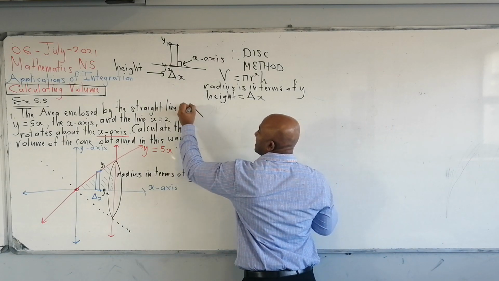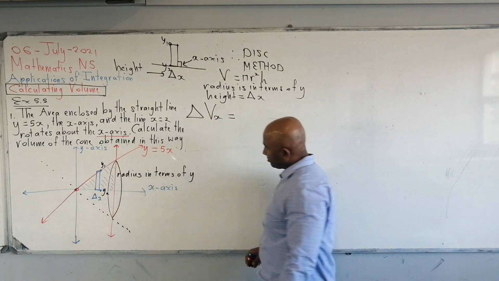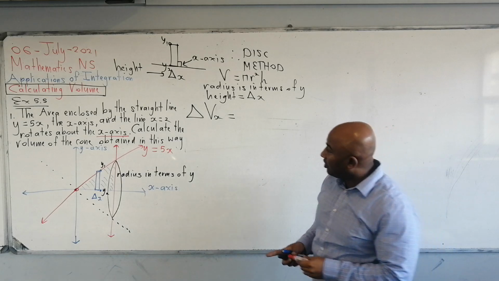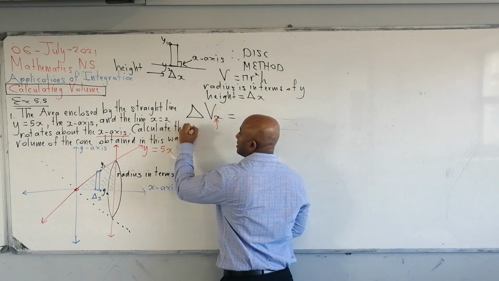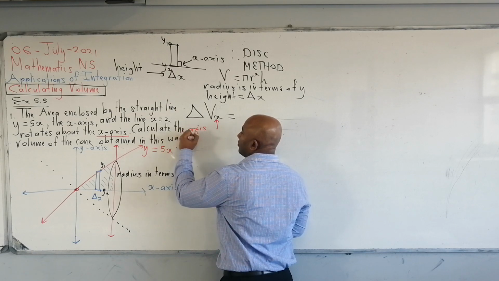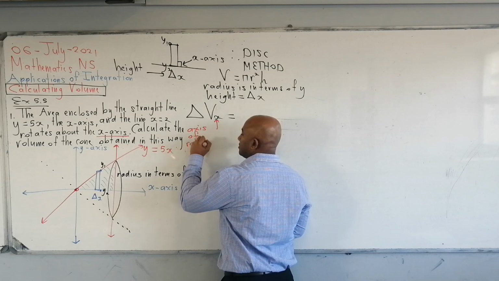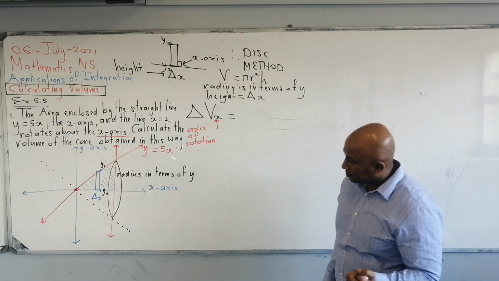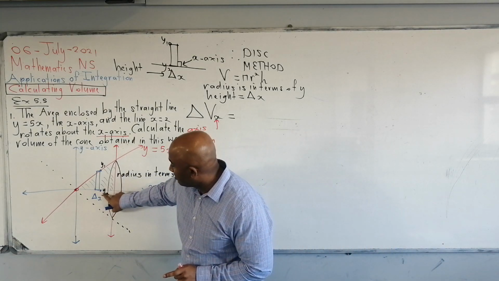So now, compulsory step, delta Vx. What does this mean? If I write down x, then this means axis of rotation or reference axis. Now, you check your diagram, top is y1, bottom is y2.